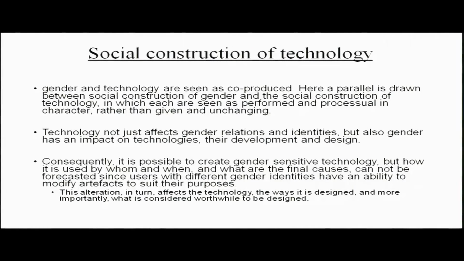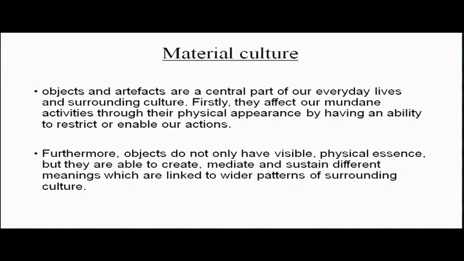So this alteration in turn affects the technology, the ways it is designed, and more importantly what is considered worthwhile to be designed. So again, it's an iterative way of understanding a technology: when something is designed and tested on a society, there's the society's feedback on that technology, and then it's a feedback loop.